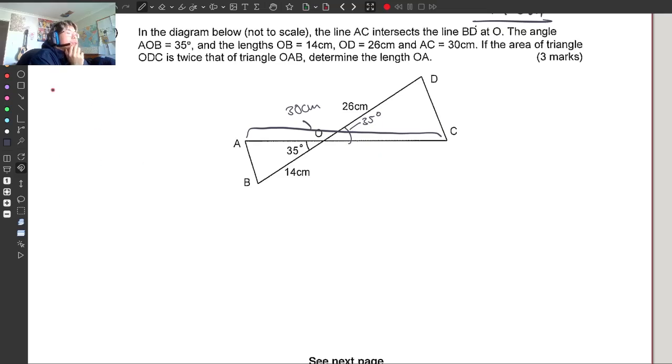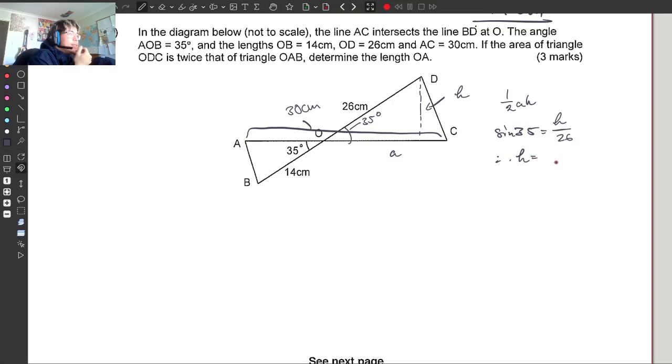Okay, I think we have to use this formula here. That area is equal to 1/2 ab sine C. The reason why, I guess, is because the area of the triangle is going to be, if that's A and this is h, 1/2 A h. But if this angle is that and we have the hypotenuse, then we can say that sine 35 is equal to opposite over hypotenuse, h over 26.